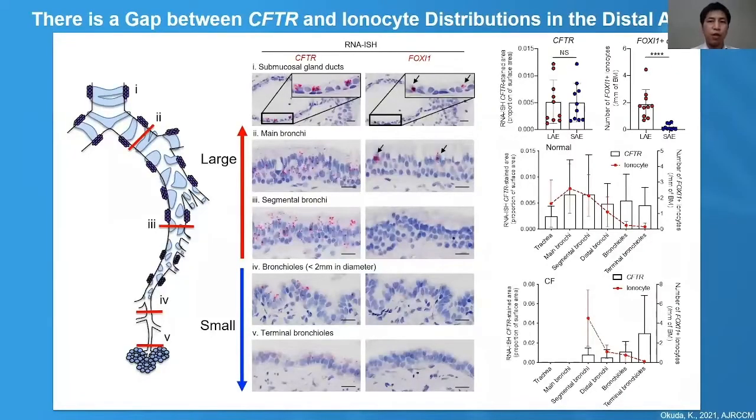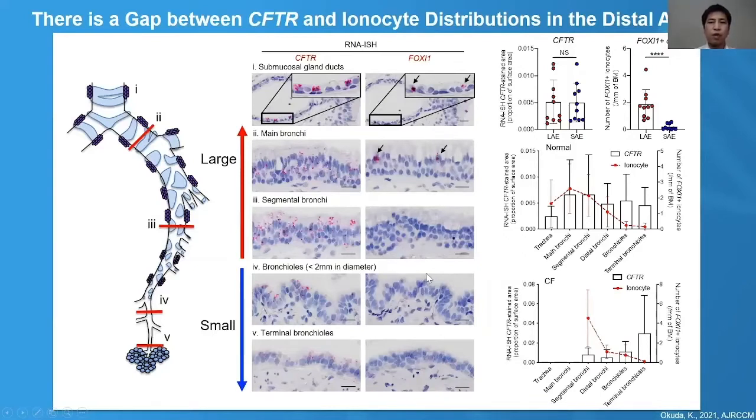So as our single-cell RNA sequence data demonstrate a greater contribution of ionocytes to CFTR expression in large airways, we looked at regional distribution of CFTR and ionocytes throughout the normal and CF airways. While CFTR expression is constant from large to small airways, ionocyte specific marker FOXI1 positive cell is decreased in the small airways.